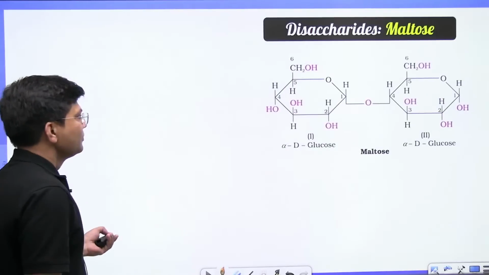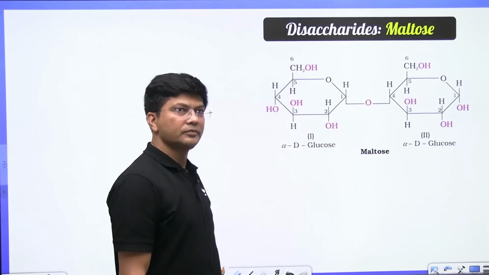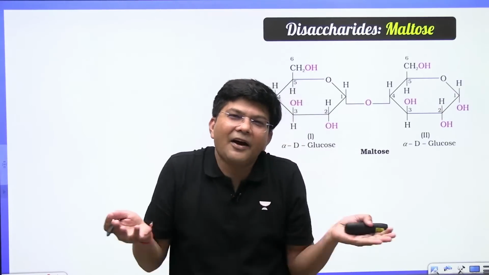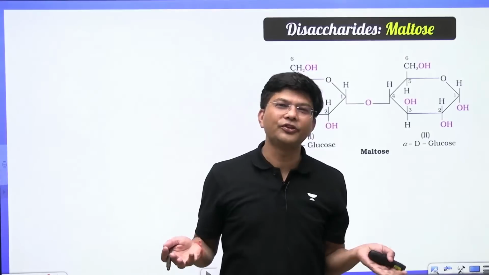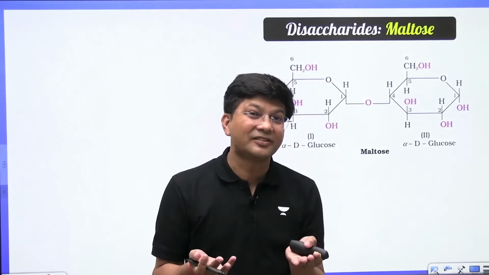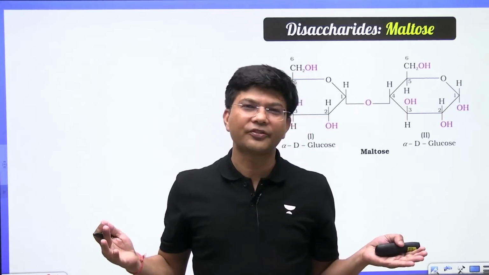Now, this is your maltose. Glucose was thinking that everyone is going to consume me, an instant source of energy. Even the patients are absorbing me, to make our strength.